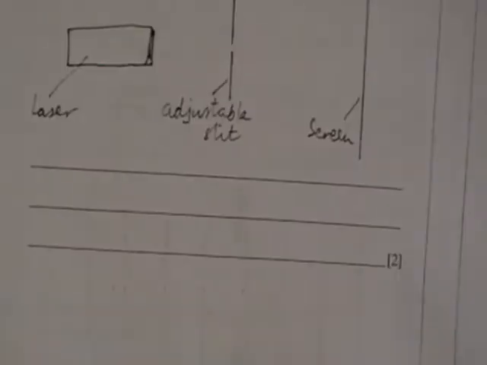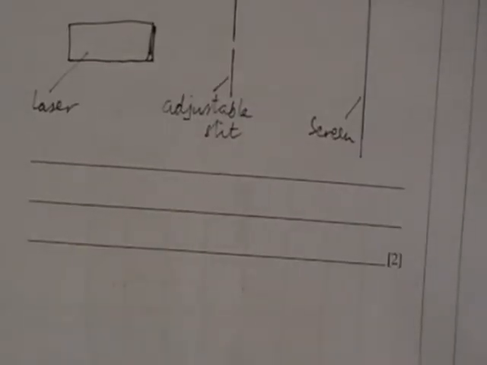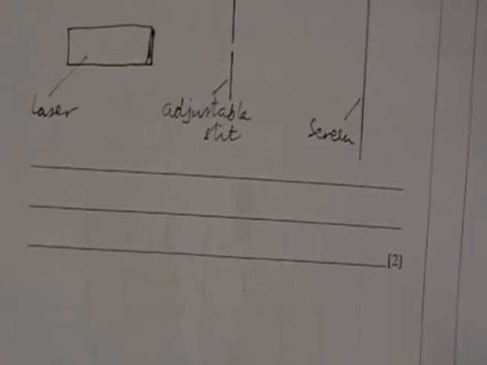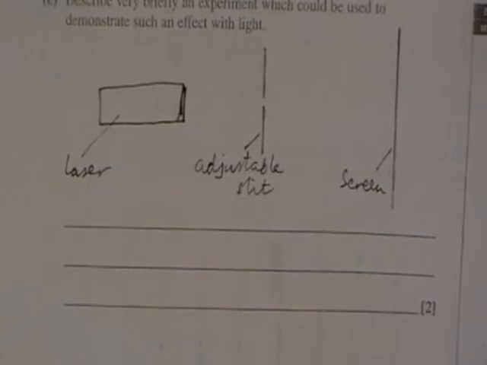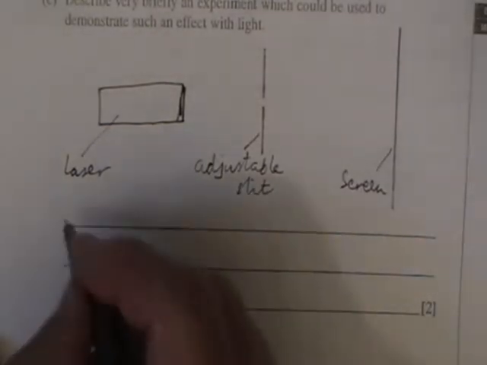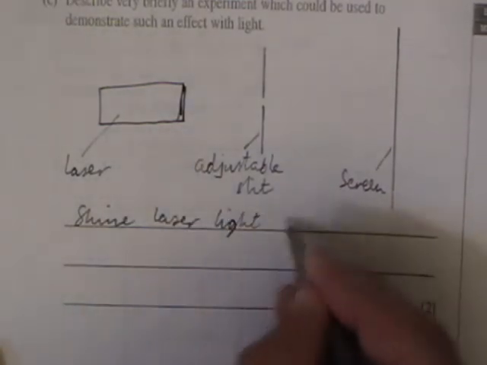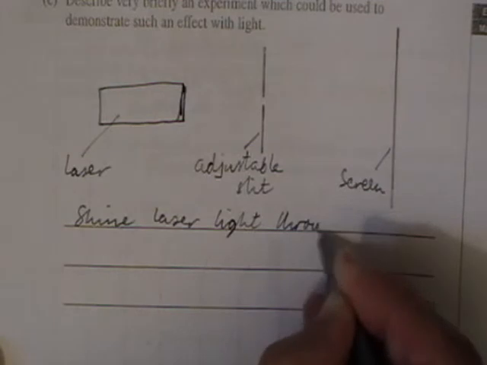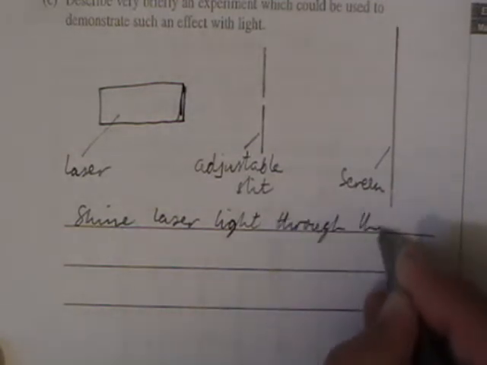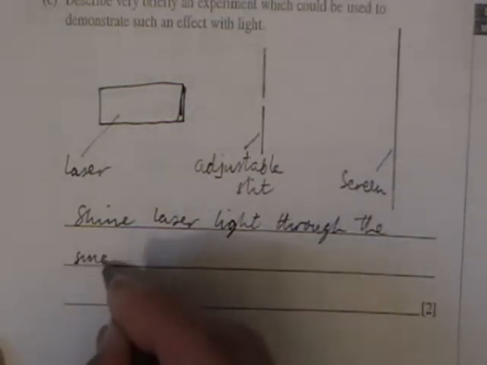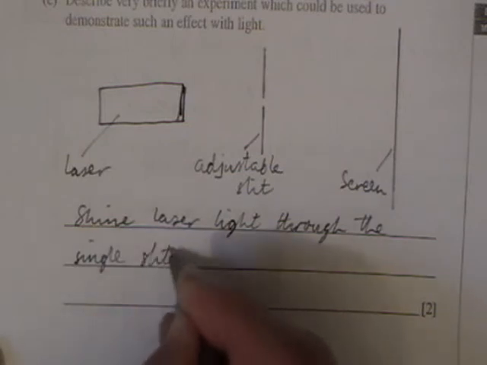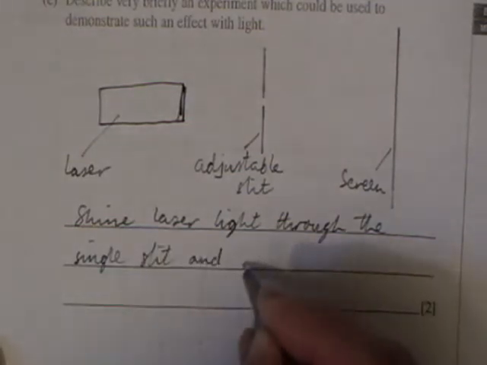Okay, so that's the apparatus. So we're going to just shine laser light through the single slit, and observe the pattern on the screen.